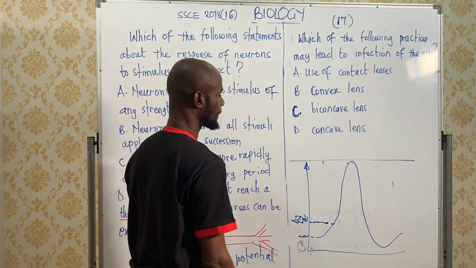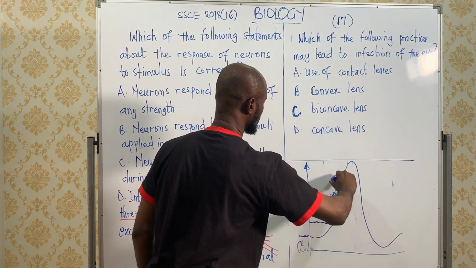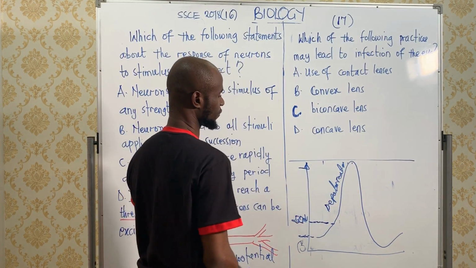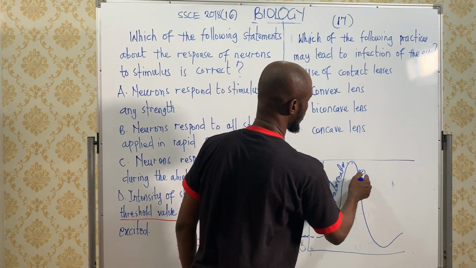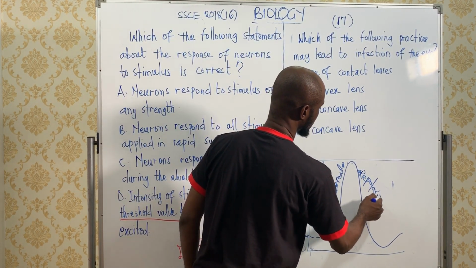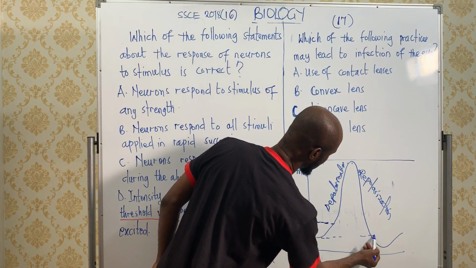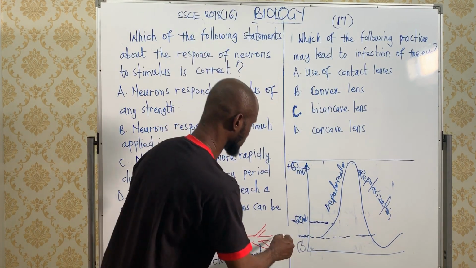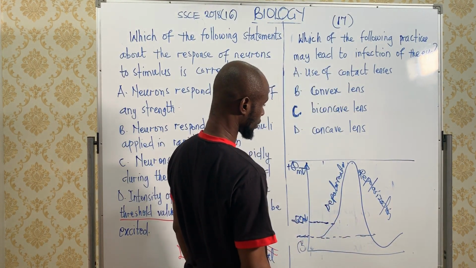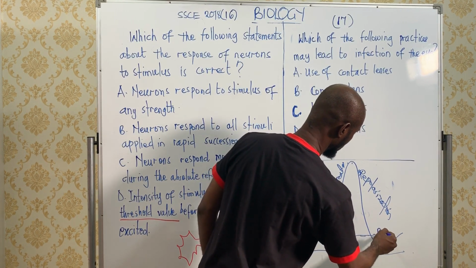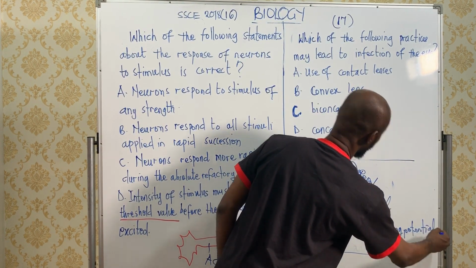This is the depolarization, and depolarization can reach up to the level of, let's say, plus 60 millivolts. Then this is repolarization. It's coming back to the normal state, and it has passed the level of resting potential. This is the resting potential, as we have said. So let me stop here because of time. Let's go to the next question.